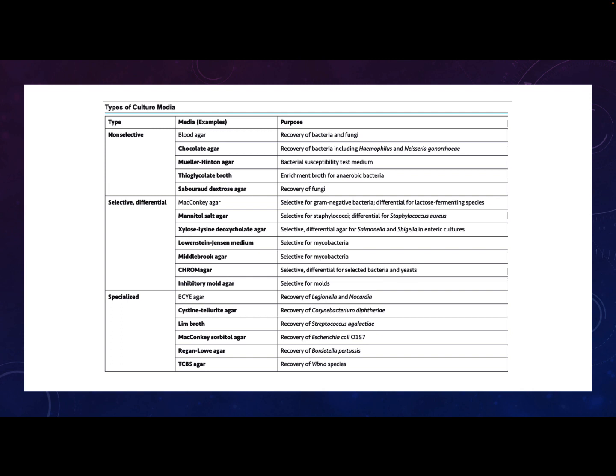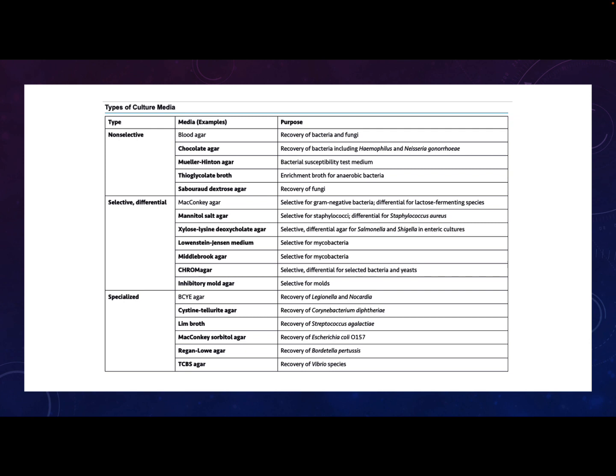And we will use some of them in the lab for this course, but we have just very standard media that will grow almost anything, like blood agar. There's chocolate agar, which sounds like it would be awesome, but chocolate is just cooked blood. It's not actually chocolate. You have Sabouraud dextrose agar, which is great for recovery of fungi.